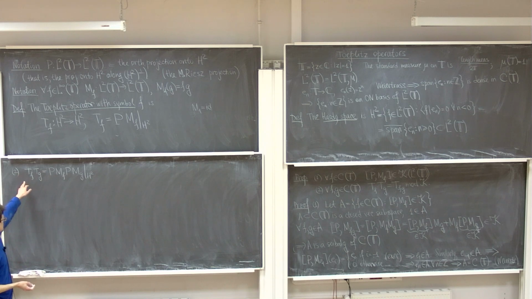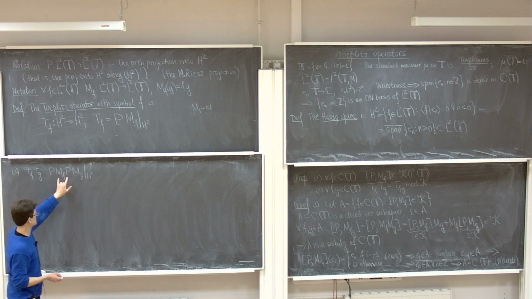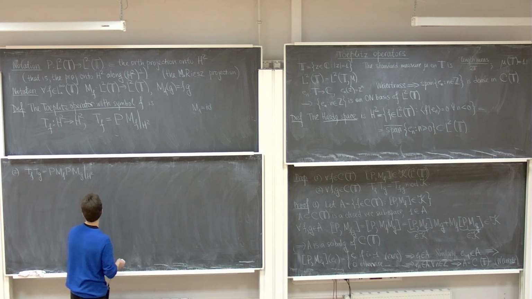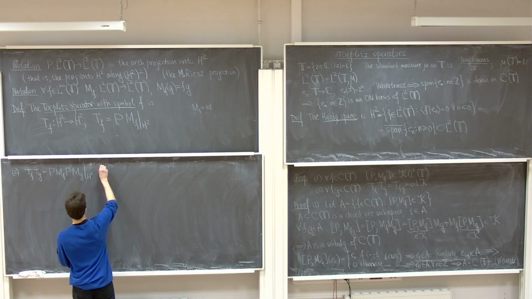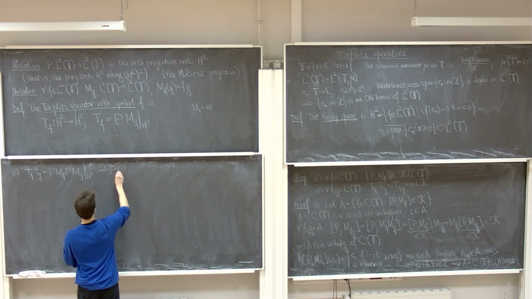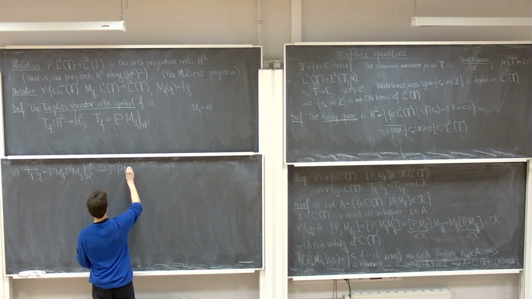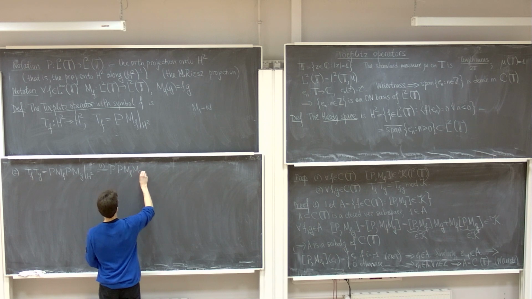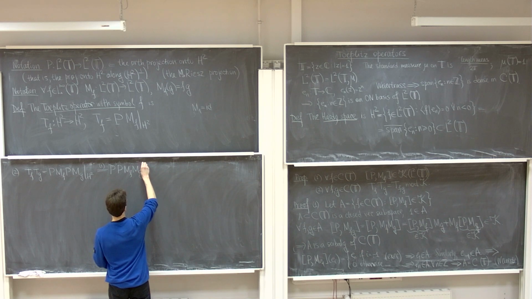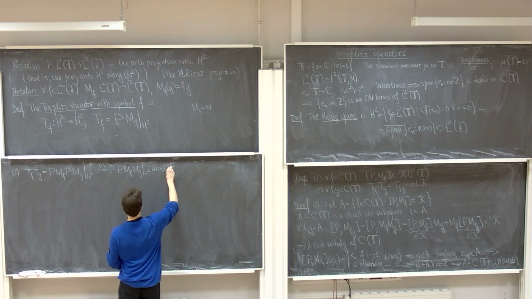Okay, so this is the composition, the product of two Toeplitz operators. Let's now look here, M_f and P. By part 1, we can interchange these two operators up to some compact perturbation. So by part 1, this is P, P, M_f M_g modulo the ideal of compact operators.